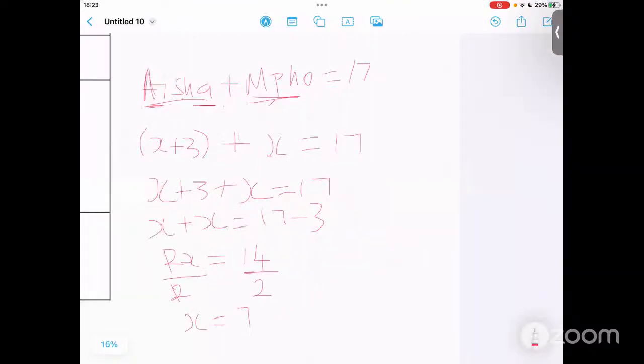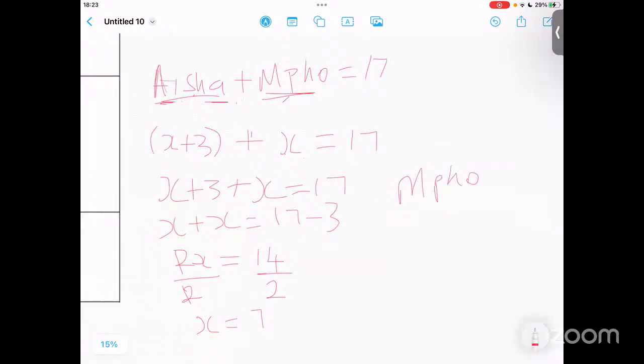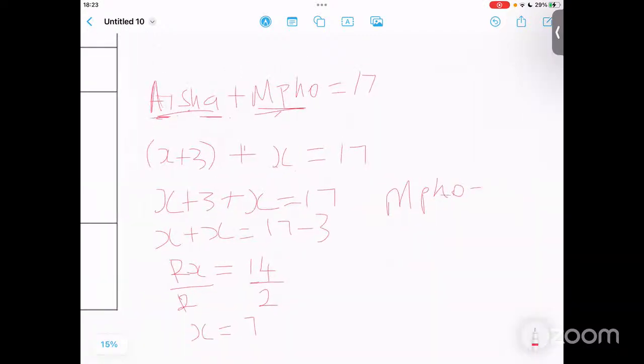So that means Mpo's age is going to be 7. So here we got Mpo's age firstly. So we're going to say Mpo is 7 years old, and then Asia is going to be 7 plus 3, which is equal to 10, and it's still the same.